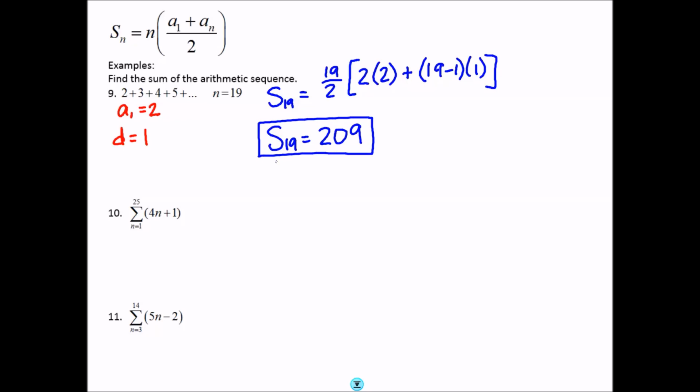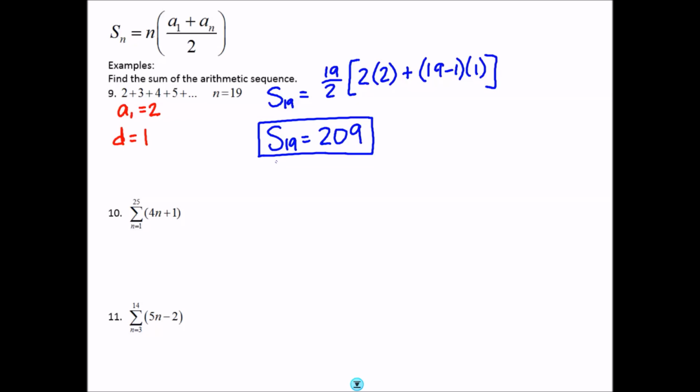So this means that if we added up the first 19 terms in this sequence, we would end up with 209. Obviously, you can write them all out and add them all up if you need to, but the formula is a lot faster. Now, we get to this part with sigma notation.